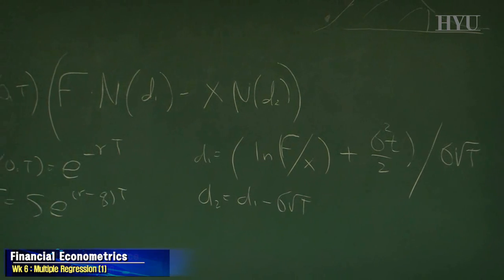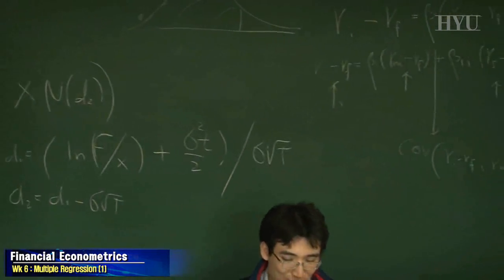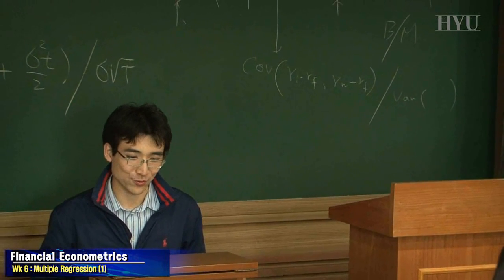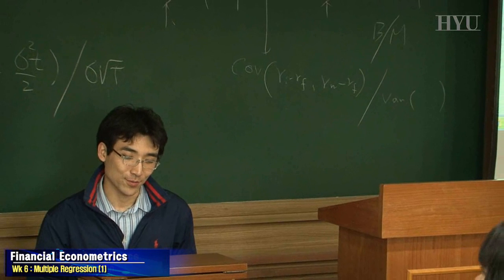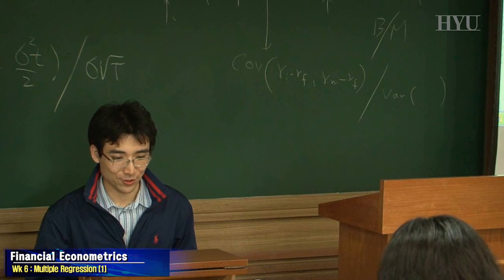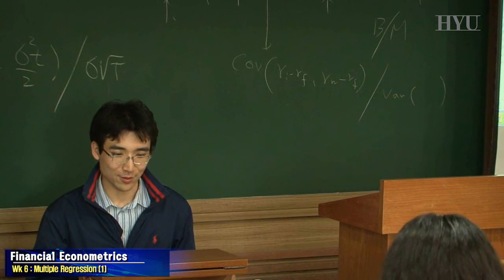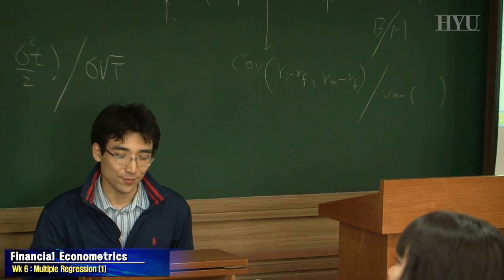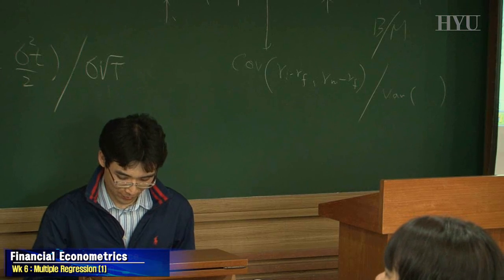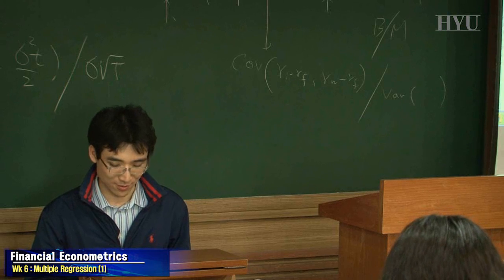So to implement the Black-Scholes formula, we can write it as a function. We need first B, which is exponential of minus rT, right?